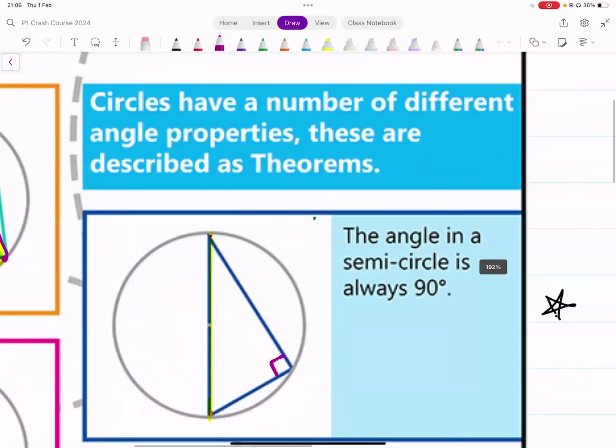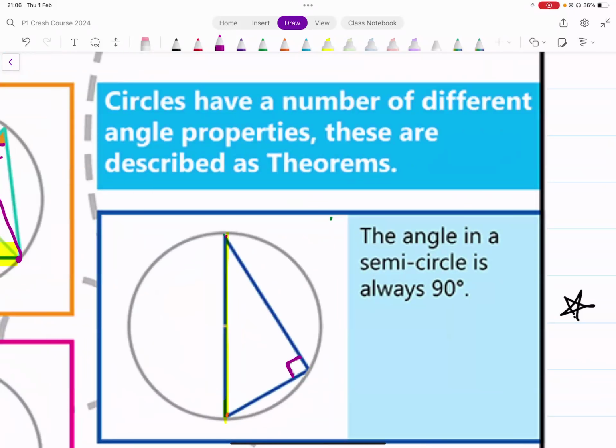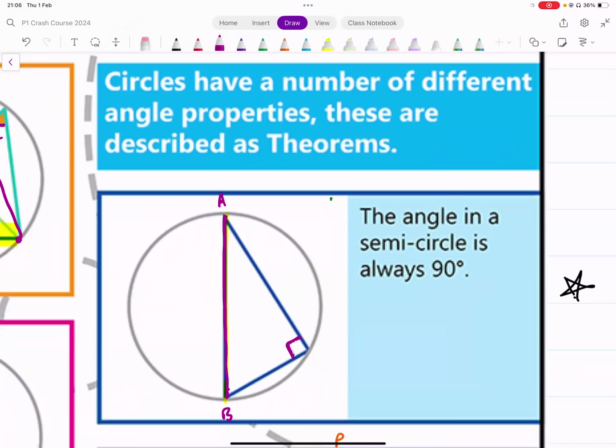Then you had angle made by diameter. So if this is the diameter, let's call this AB. If AB is the diameter, the angle made by the diameter on the circumference of the circle is always 90 degrees.